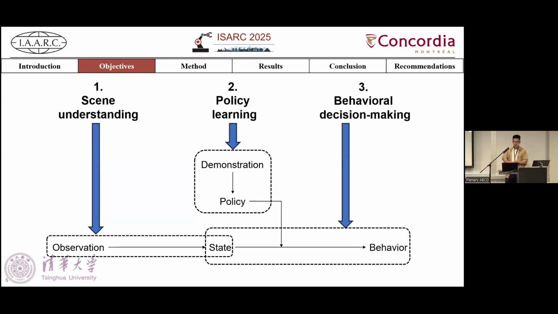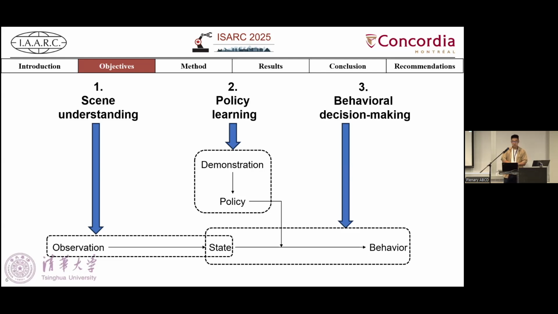So our main research purpose is to develop such a behavioral decision-making method, and it contains three objectives. The first is to build a scene understanding ability into the robot so that it can understand its collaboration state based on its own observation.